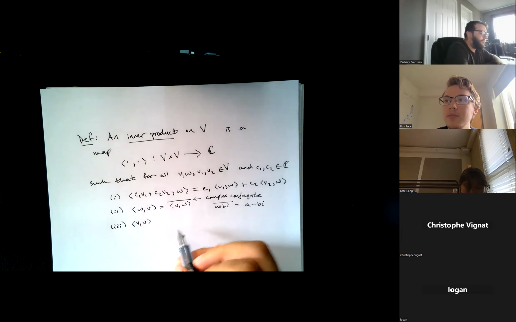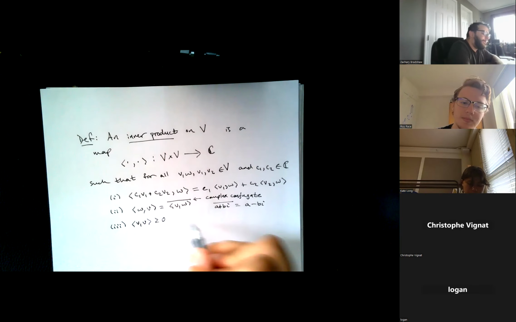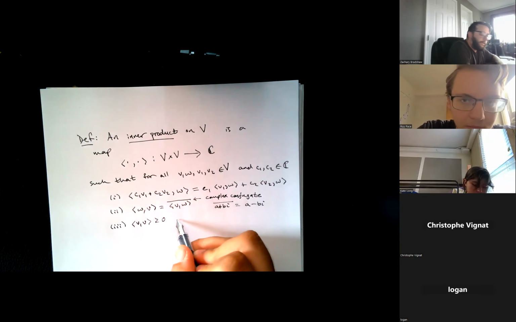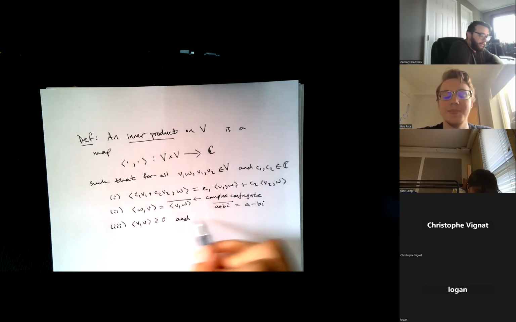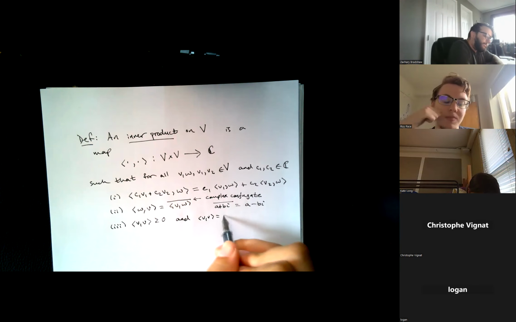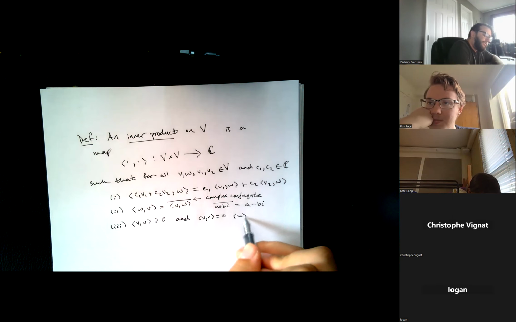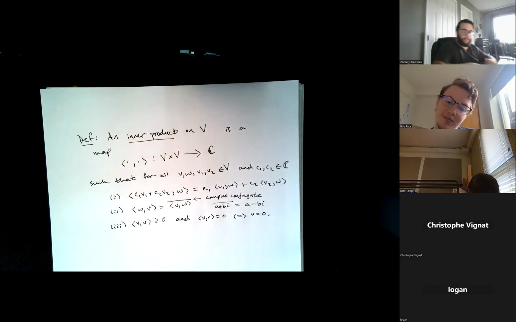If we take the inner product of v with itself, it should be greater than or equal to 0, and it's equal to 0 if and only if v is equal to 0.